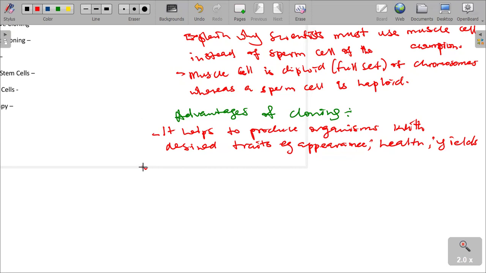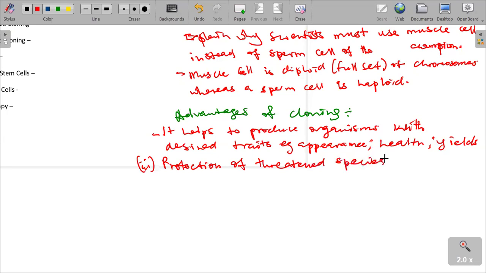Another point is why it is important to do cloning, that it also helps in the conservation of threatened species.